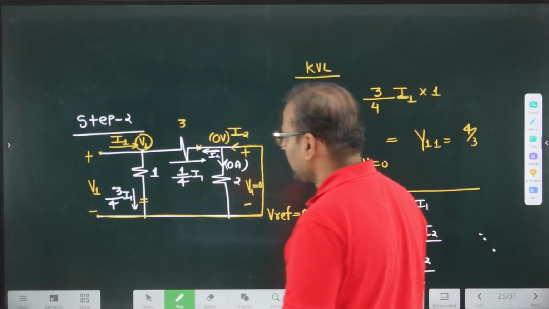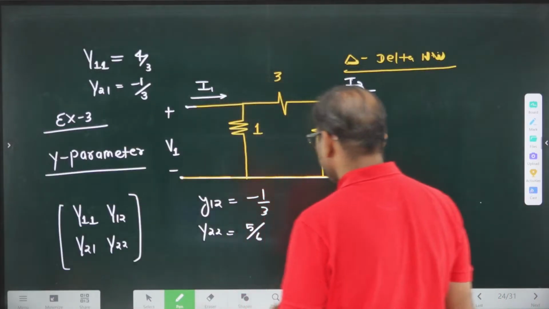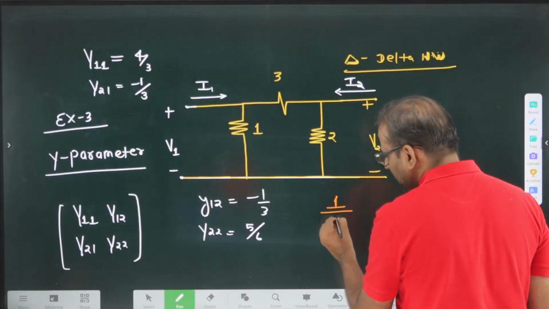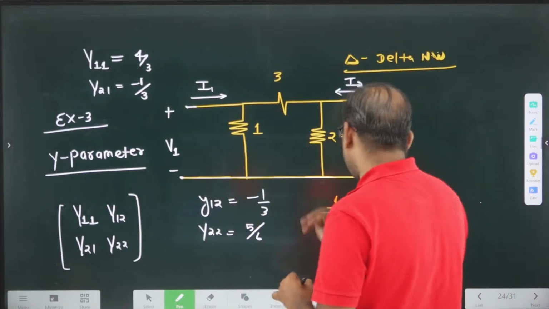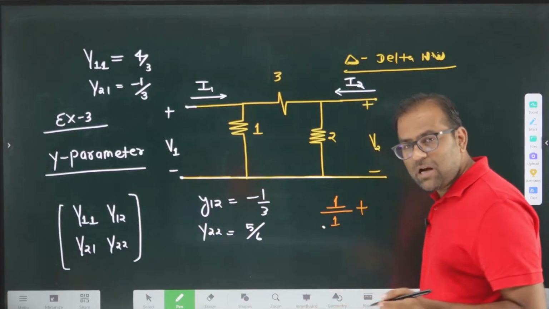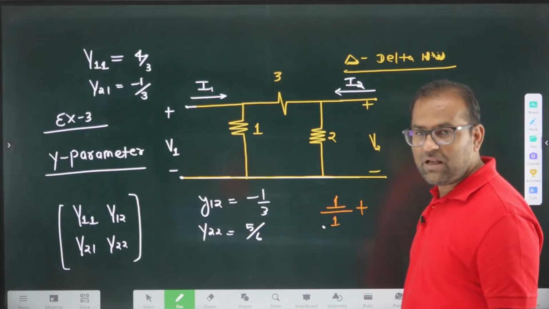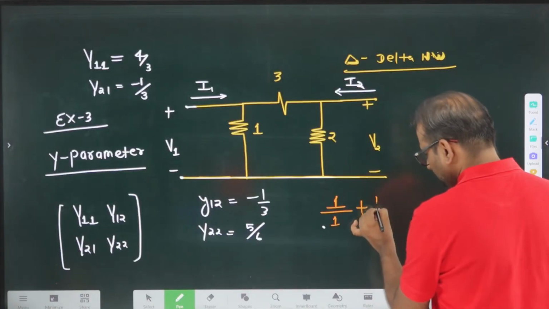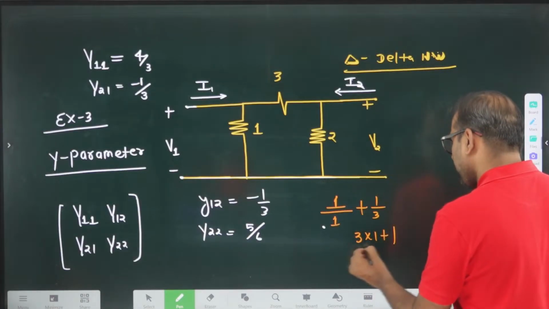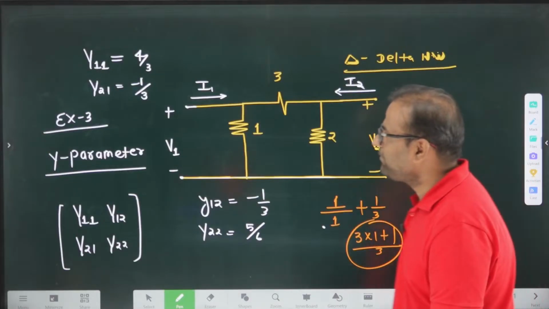What is Y11? If R1 is equal to 1, then 1 divided by 1 is Y1. If R2 is equivalent to 3, then 1 by R2 is 1 by 3, and that is Y2. So this value is 1 plus 1 divided by 3, which is 4 by 3.